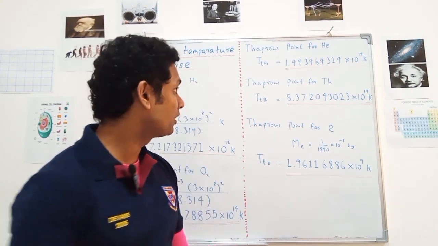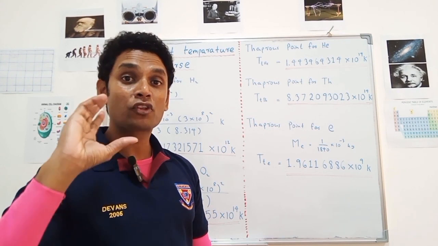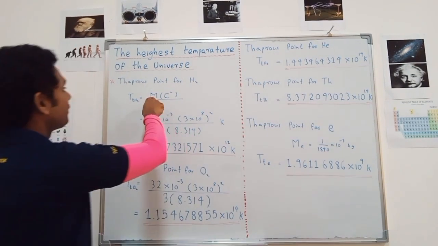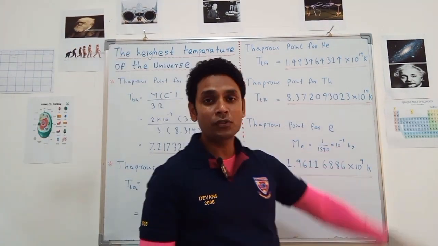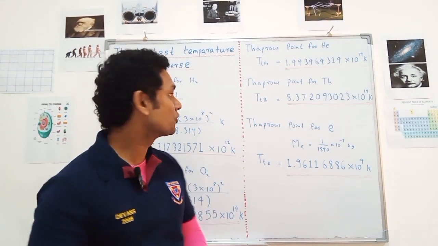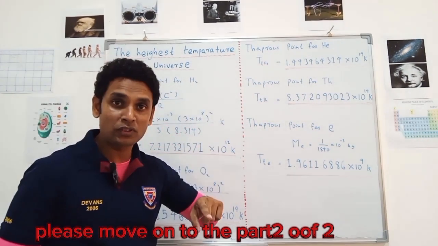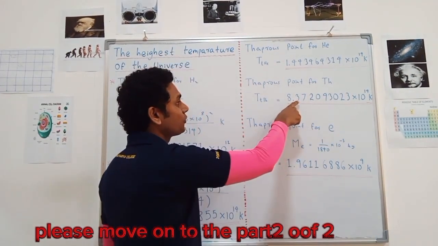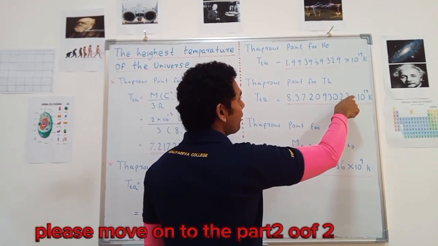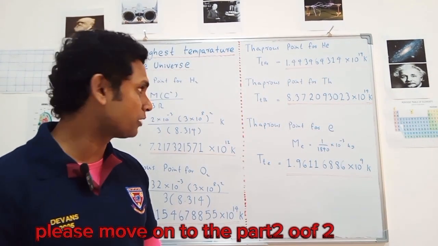The thorium molar mass is 232 multiplied by 10 to the power minus 3 kilograms per mole. Applying that value, the temperature point is 8.372093 times 10 to the power 14 Kelvin. So that's the temperature point for thorium.